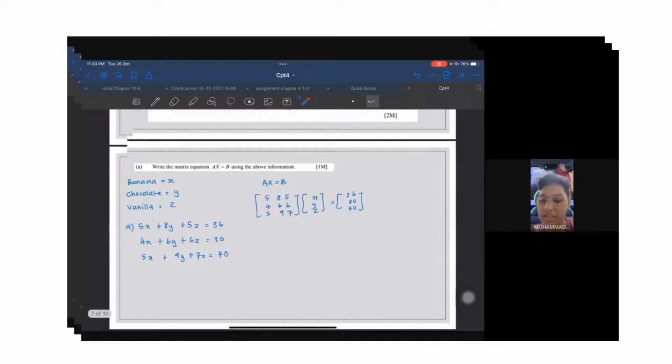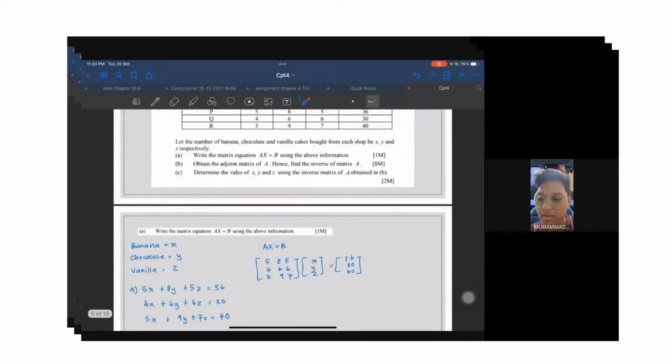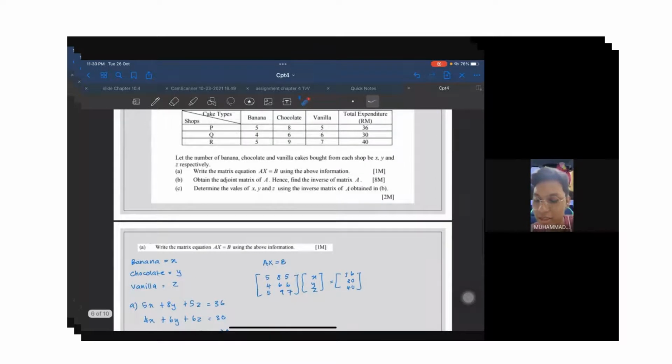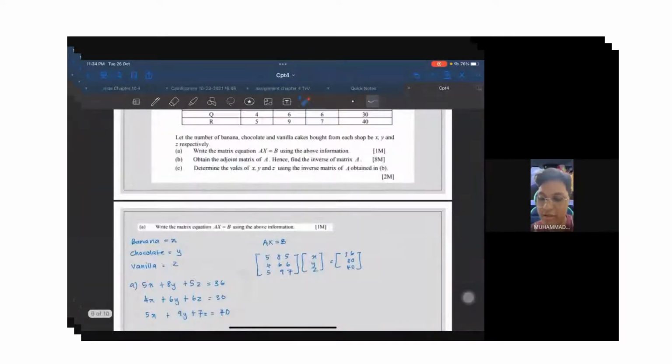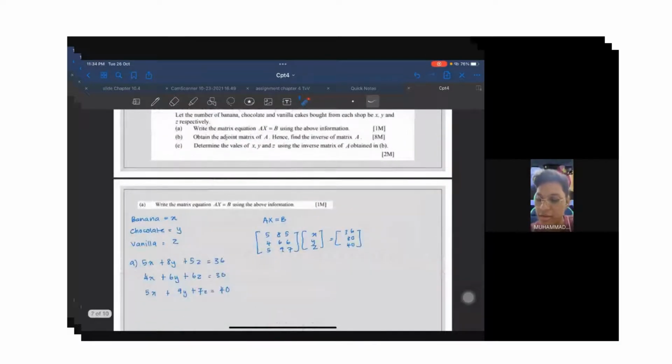From the question, we state banana is X, chocolate is Y, and vanilla is Z. We need to make the equations from the information given in the table. When we get these equations, we transfer them into the formula AX equal to B.